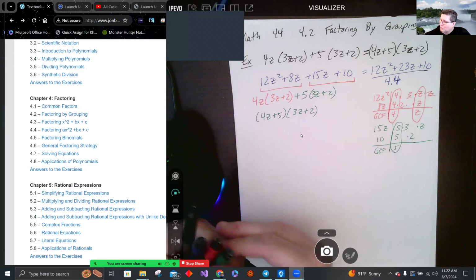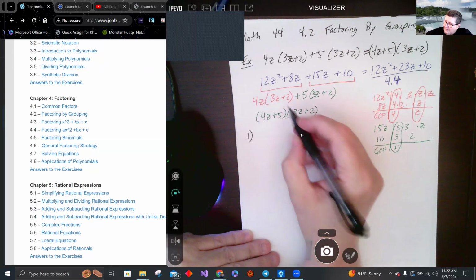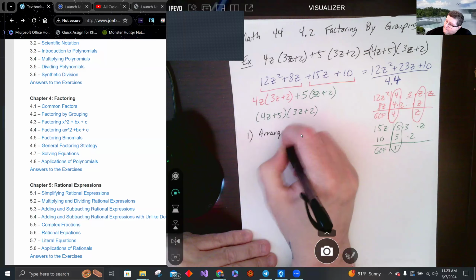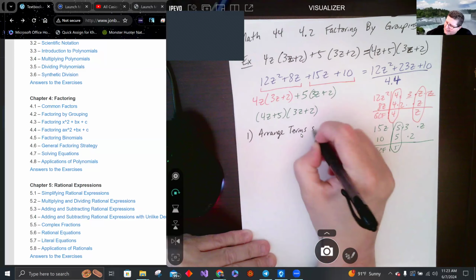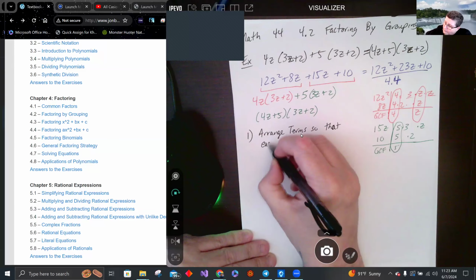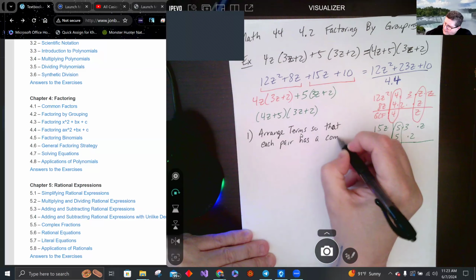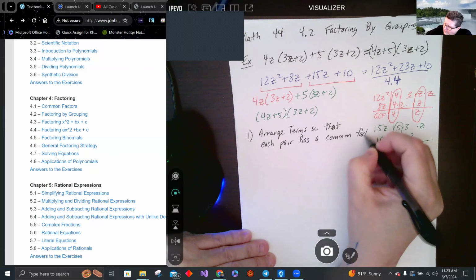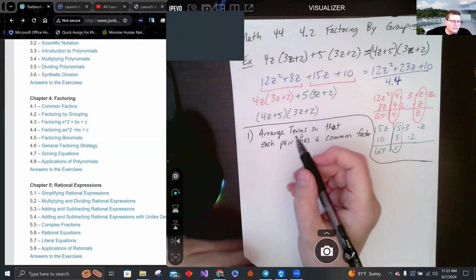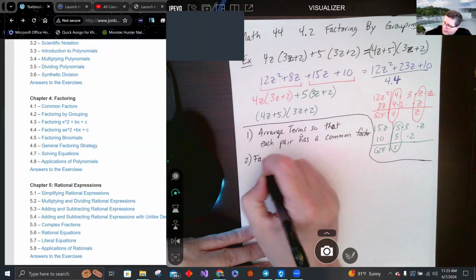Okay, so a quick list of steps you might like. We're going to arrange terms so that each pair has a common factor. Then we're going to factor out the GCF for each pair.